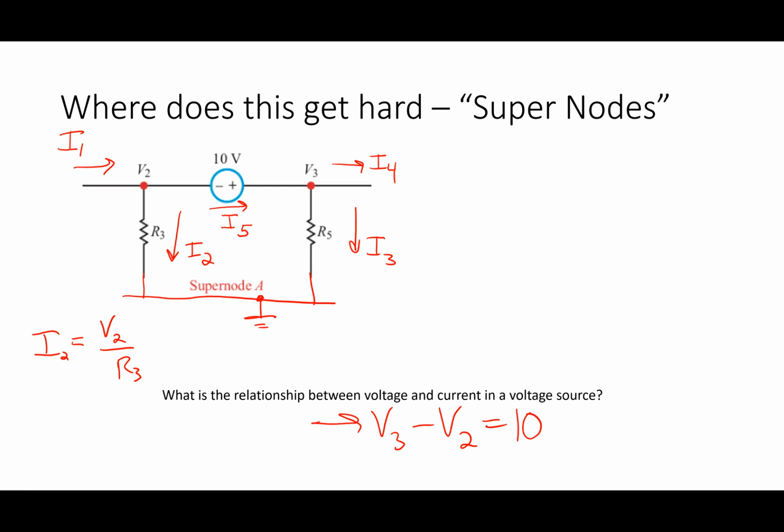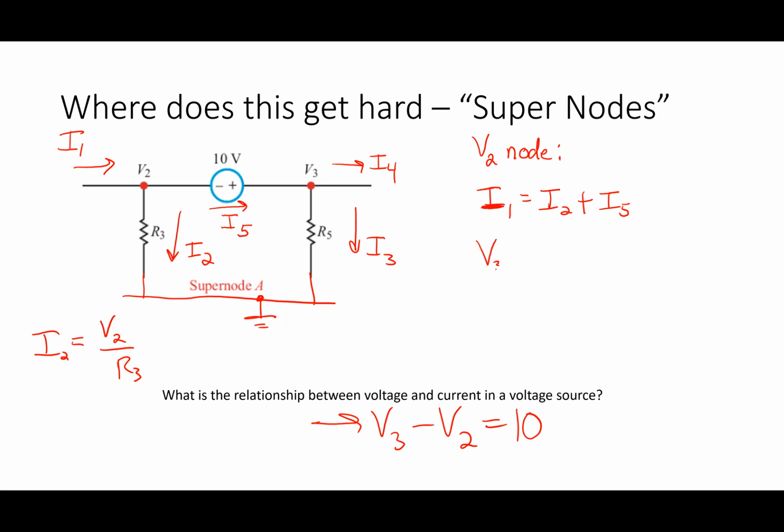So in this case, what would I say? At the V2 node here, what I would write is KCL: I1 enters, and what's the current leaving? I2 and I5. Yep, I2 plus I5.